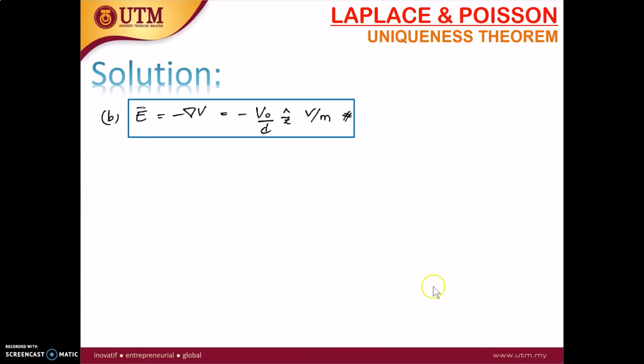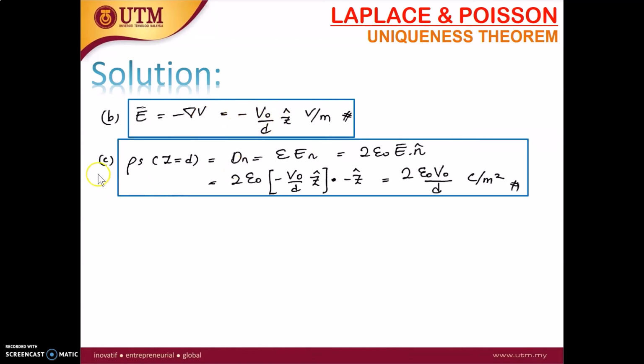For B it's also the same, this is the gradient. To find E from V, you get negative V0 over D in the direction of Z. Rho S is also the same thing except our epsilon equal to 2 epsilon naught.